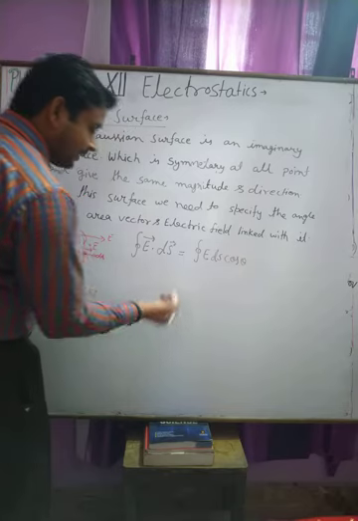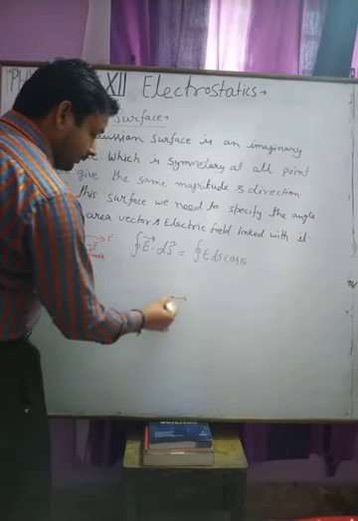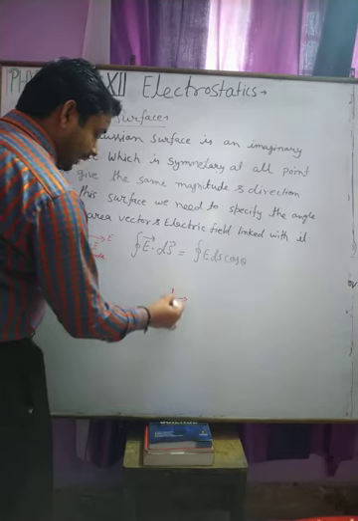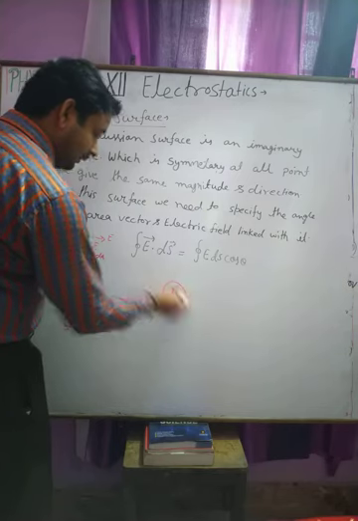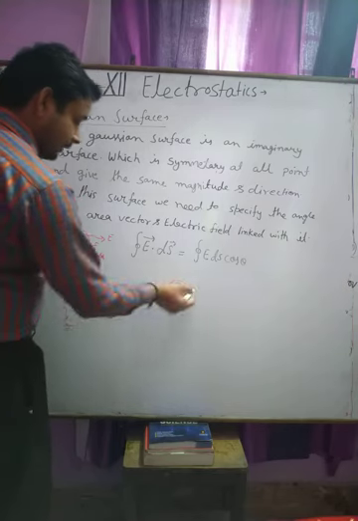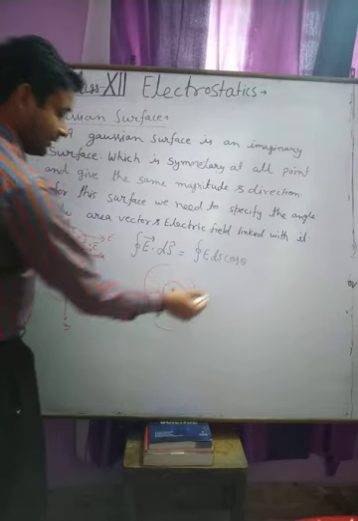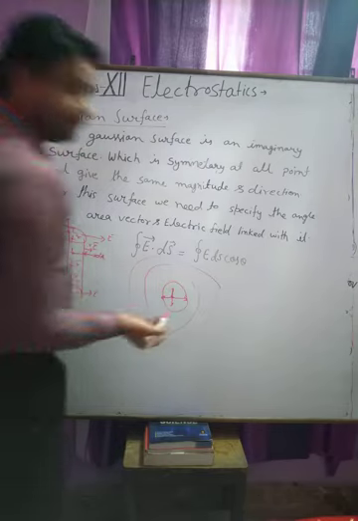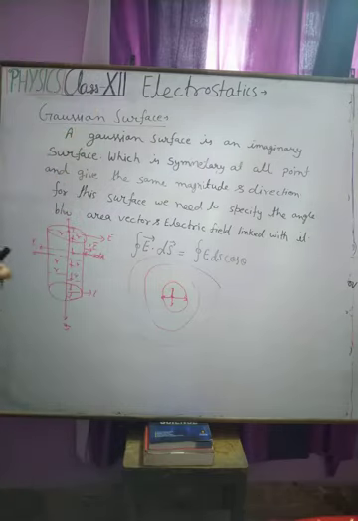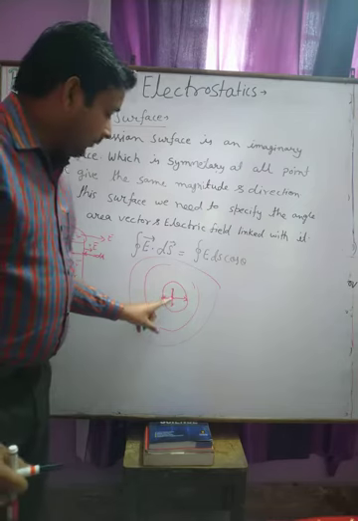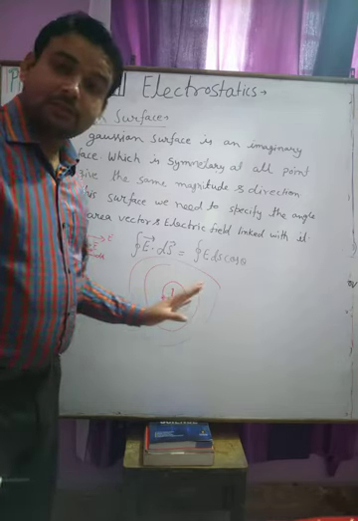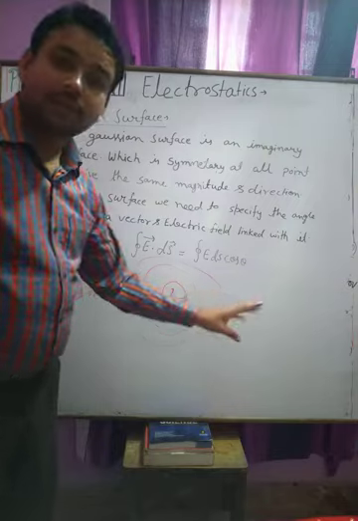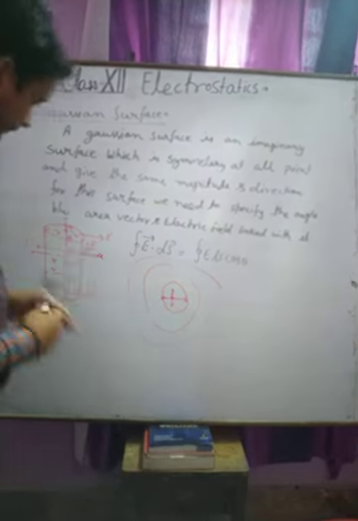For a point charge you will find the electric field is radially outward, that is it is a spherical surface, and we assume a Gaussian surface around it. Okay, and you all know the periphery of the spherical surface is equally distant.